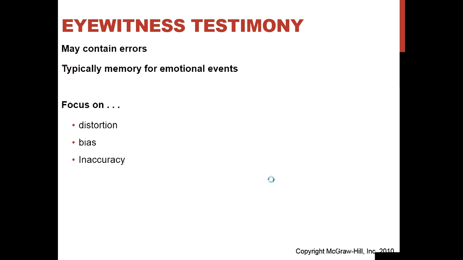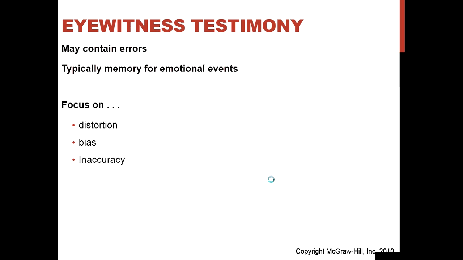Okay? With eyewitness testimony, lawyers and doctors and psychiatrists or psychologists have to pay very close attention to distortions. So maybe the reason things are distorted is because that individual is having problems with somebody else. And so then they attribute some of that person's physical characteristics to the person that actually committed the crime, right?